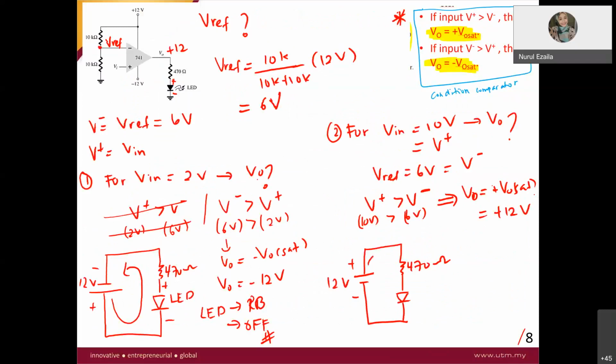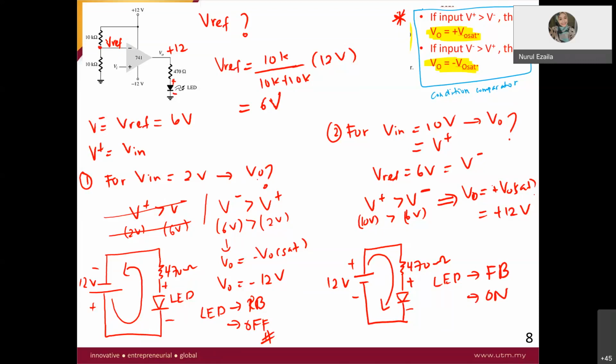The current flows in this direction, going to the anode of your diode. Therefore, the LED will become forward biased, on. So the LED will turn on.